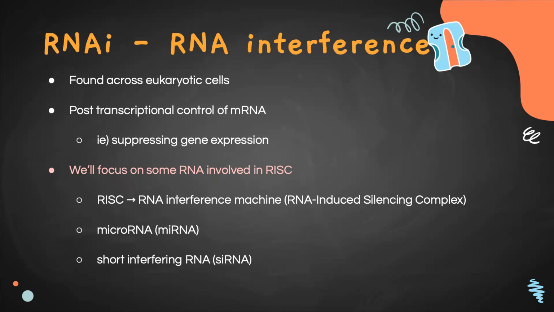We're going to focus on the RISC, which is the RNA-induced silencing complex. This is a protein complex that uses miRNA and siRNA as guide strands. I'll get more into that in a bit. The miRNA is used as a guide strand for endogenous gene suppression, so suppressing genes that are within the cell system. And then siRNA is for exogenous genes, so this will suppress genes from a bacteria or a virus, so those can't be reproduced in your own cells.